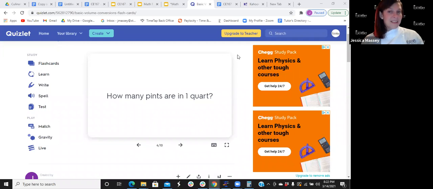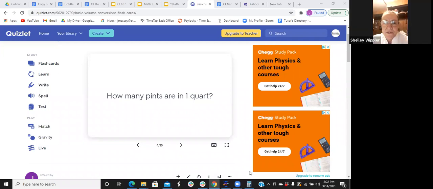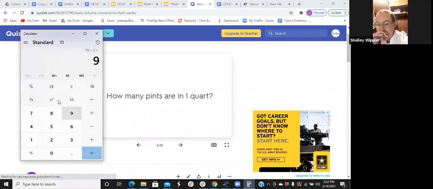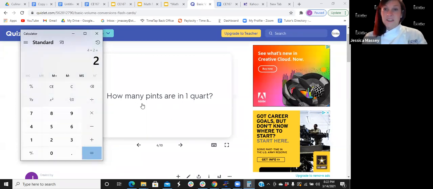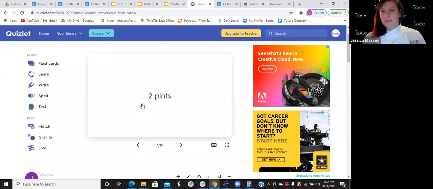Based on that information, you can determine how many pints are in 1 quart. If you take your 4 cups in 1 quart and divide it by the 2 cups in 1 pint, that gives you 2, which is your answer. There are 2 pints in a quart.